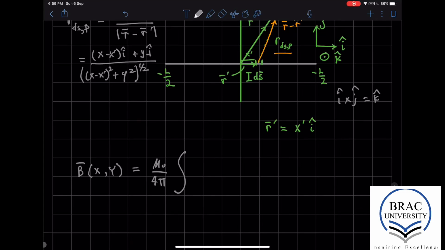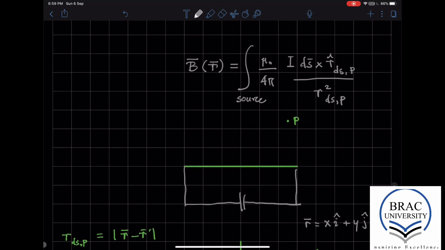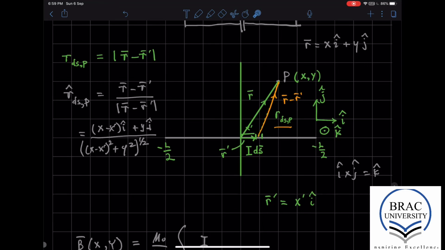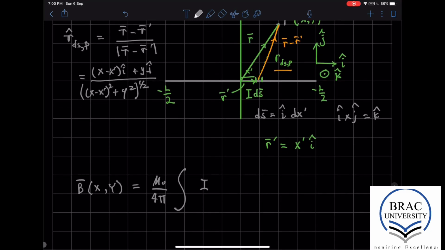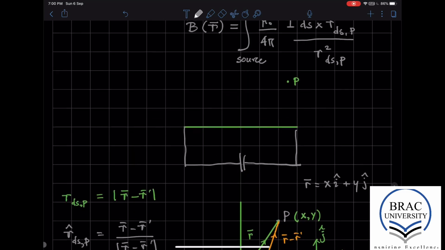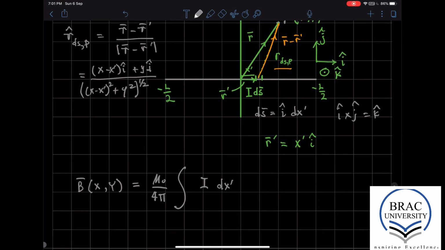Inside the integral we have the current, and then the vector ds, which we know is given by dx prime times i hat. That is going to be crossed with the unit vector, which involves r minus r prime.